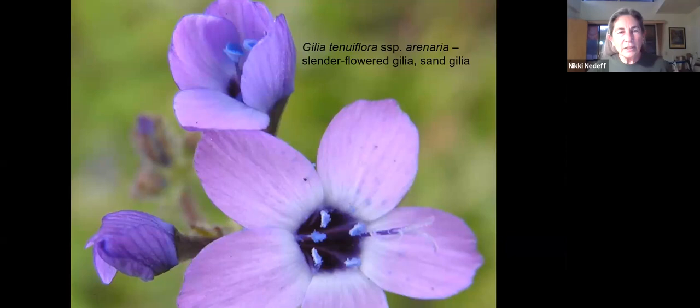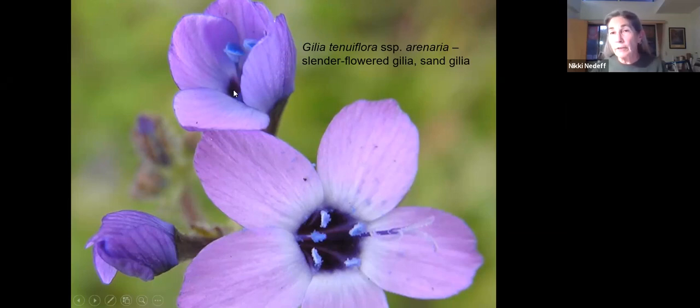This is a federally listed plant, Gilia tenuiflora subspecies arenaria, very, very rare, with these exserted stamens here. The more common variety, Gilia tenuiflora subspecies tenuiflora, has stamens that tuck farther down into the collection of petals called the corolla.